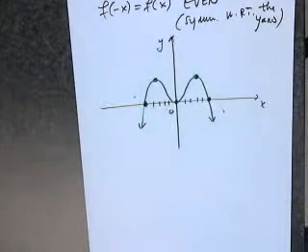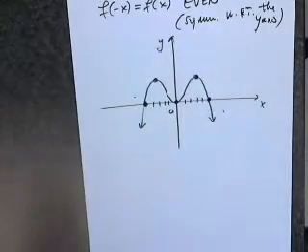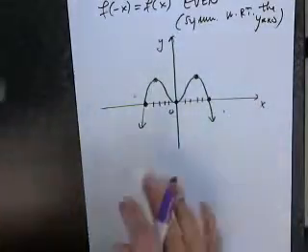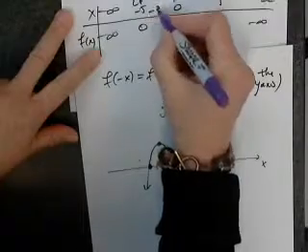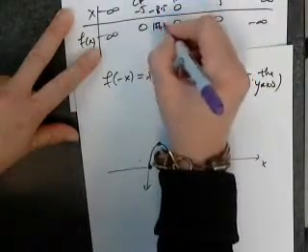So now I can determine the max. I know it's somewhere between negative 5 and 0. So with second and calc, I want the maximum, which is number 4. Between negative 5 and 0, and I don't want to guess. And the maximum is negative 3.5. I'll put in my chart. 156.25.